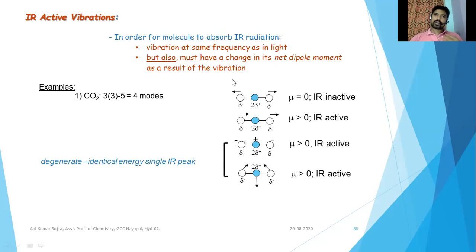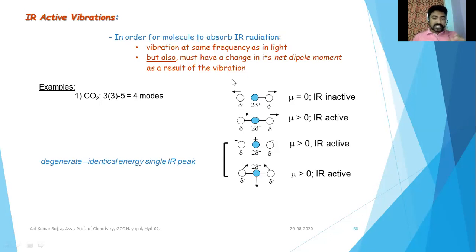If the molecule undergoes vibration but there is no change in its dipole moment, during the vibration also, that molecule will not exhibit the spectra or absorption bands regarding that vibration in infrared spectroscopy.